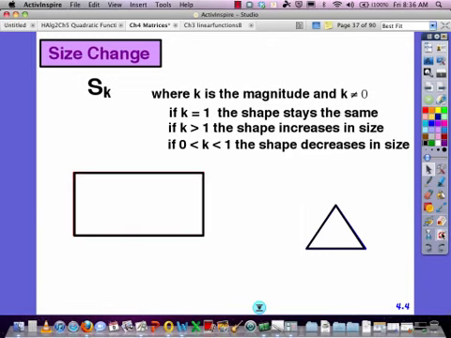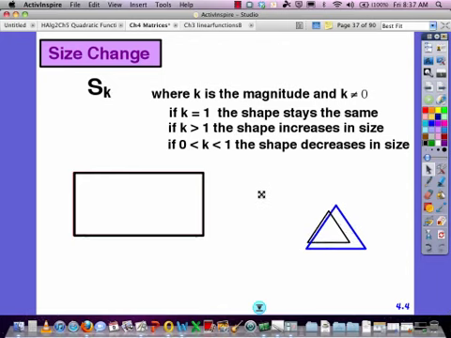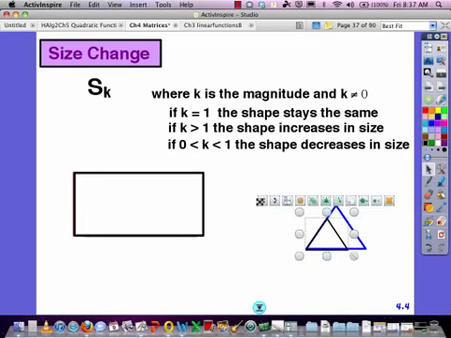So let's reset. Let's take our black triangle here and let's make it smaller. And so we would have been moving it to something less than 1. So if we did that, less than 1 but bigger than 0.